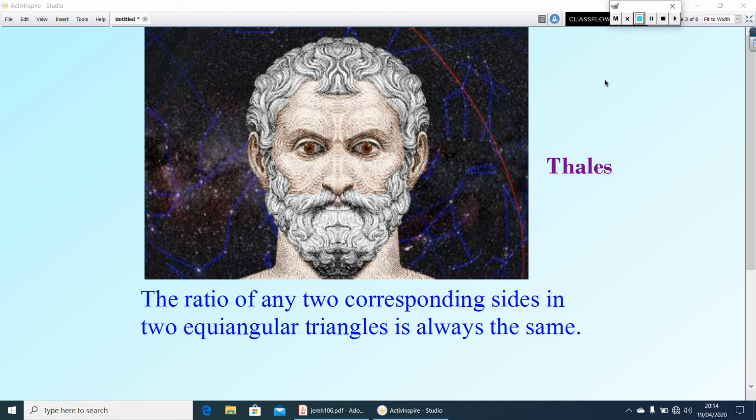It is believed that Thales had used a result called the basic proportionality theorem for proving the same. So this is also called Thales theorem. Now let us see what the basic proportionality theorem or Thales theorem is.